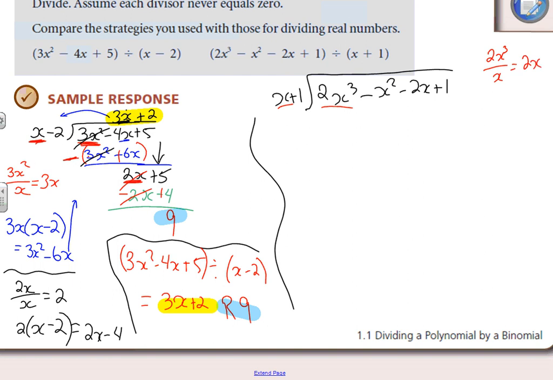These are with 2x squared. 2x squared. Multiply 2x squared times x plus 1. Distribute that in. 2x cubed plus 2x squared. Bring that back in and underneath.